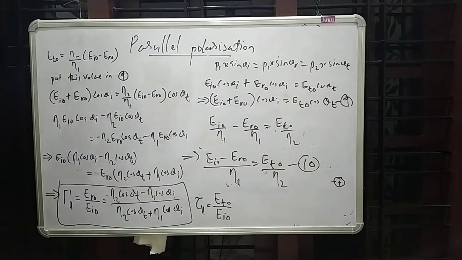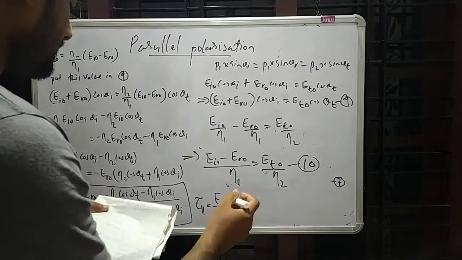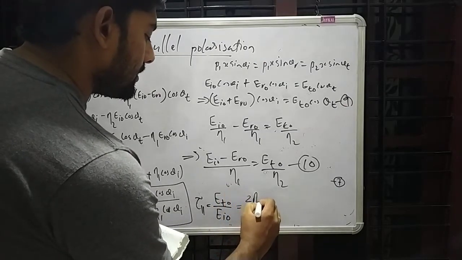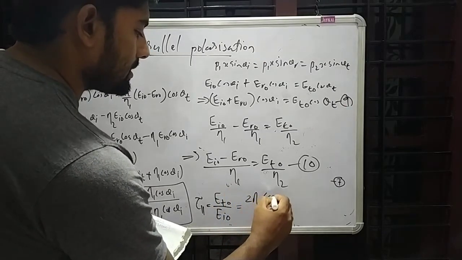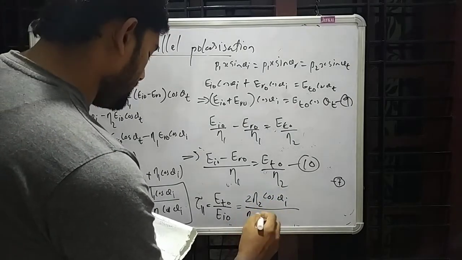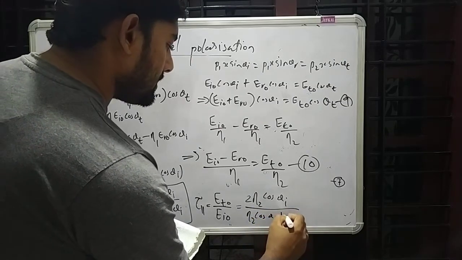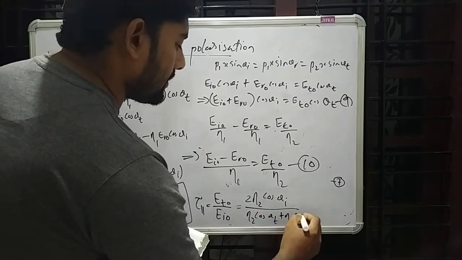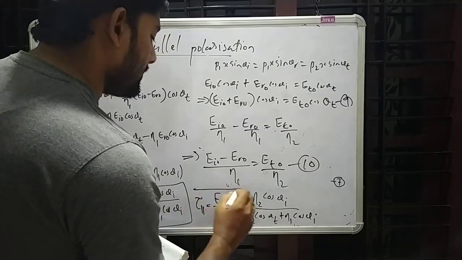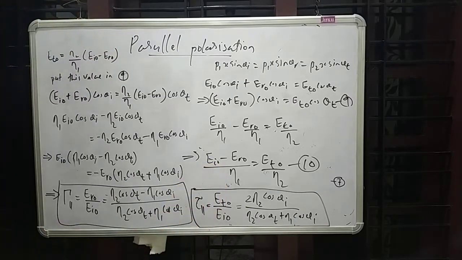We will get another equation for tau parallel, that is ET0 divided by EI0 is equal to 2 eta 2 cos theta I over eta 2 cos theta t plus eta 1 cos theta I. Okay, this is the transmission coefficient.